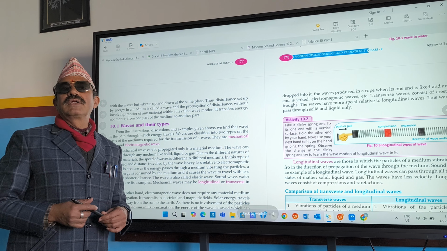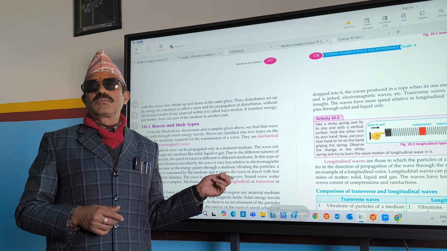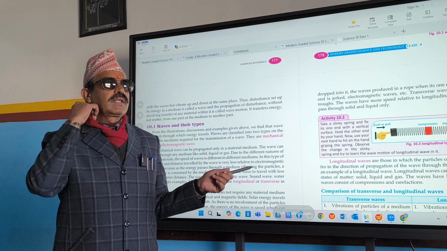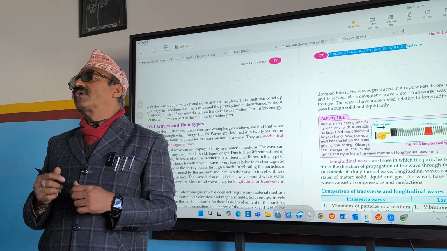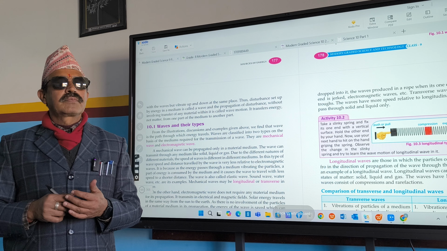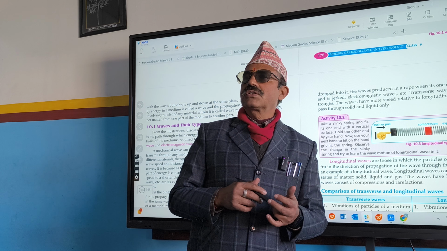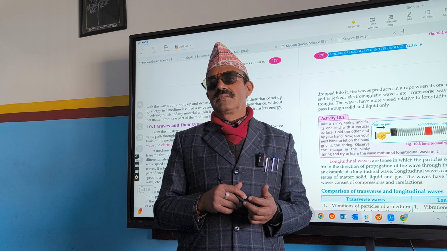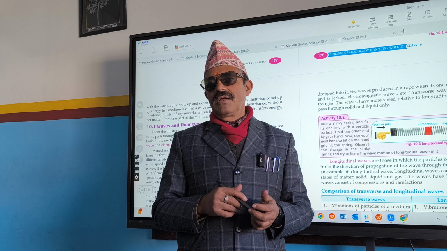Mechanical waves need a medium. Electromagnetic waves do not need a medium. What are the examples of electromagnetic waves? Which waves do not need medium? Light, X-rays. Sound needs medium.